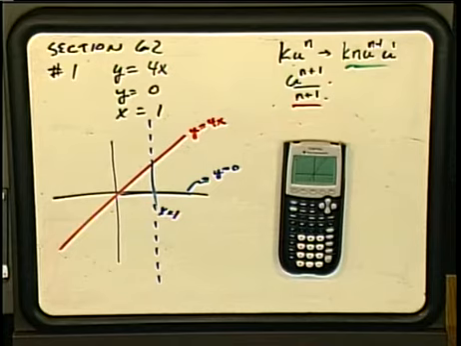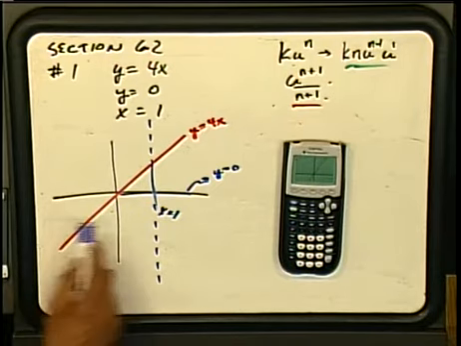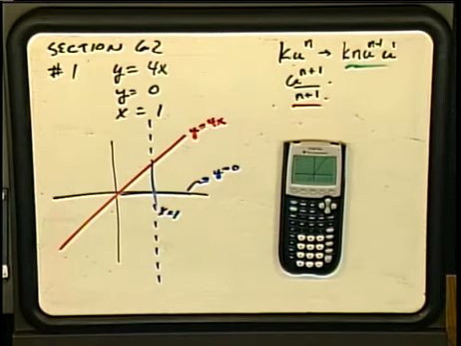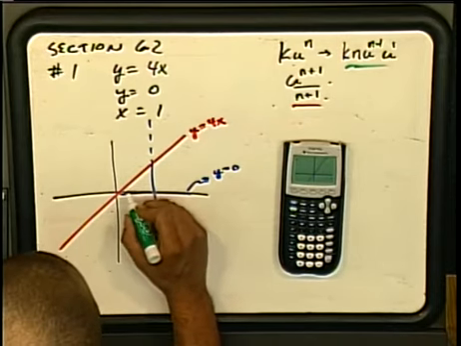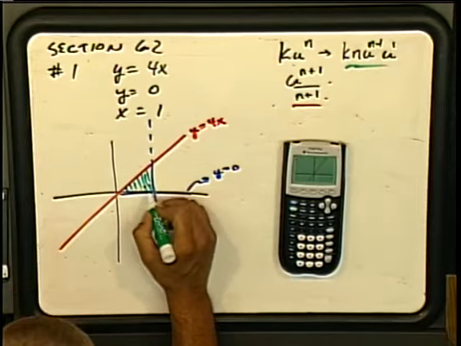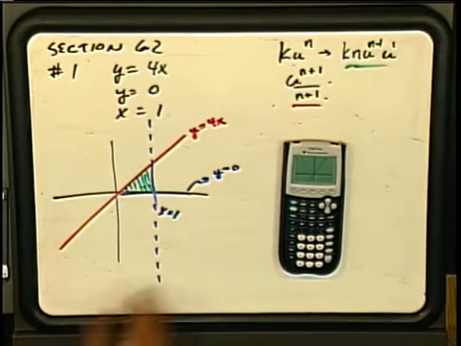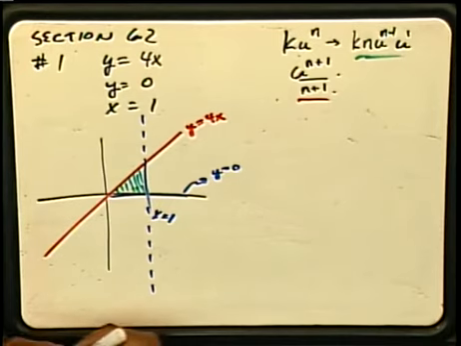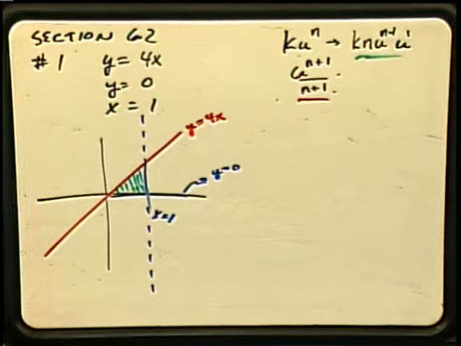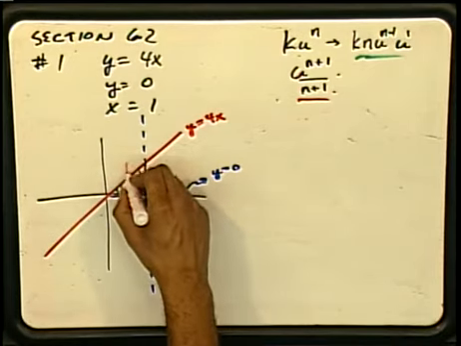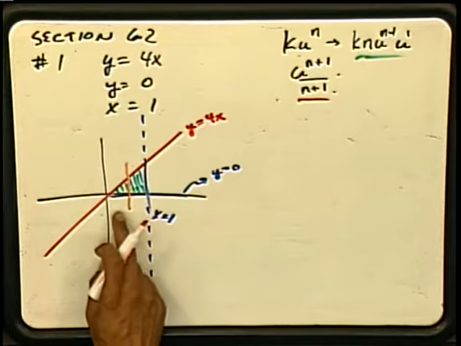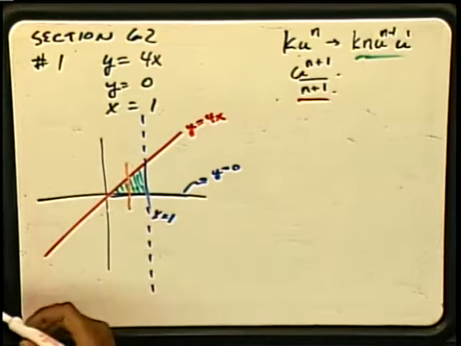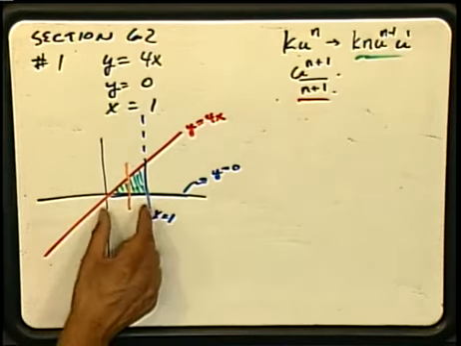Okay, we want to find the area of this enclosed section. We can use the vertical line rule, which means we will sum all the areas of the vertical lines across the x-axis in between that section.